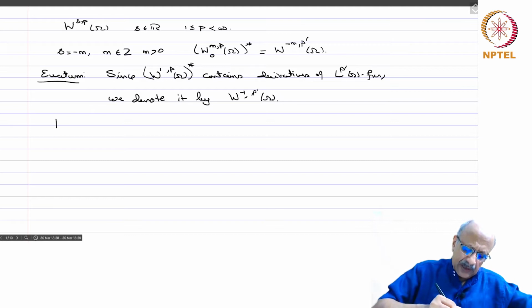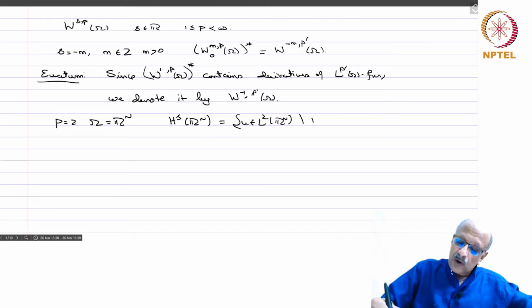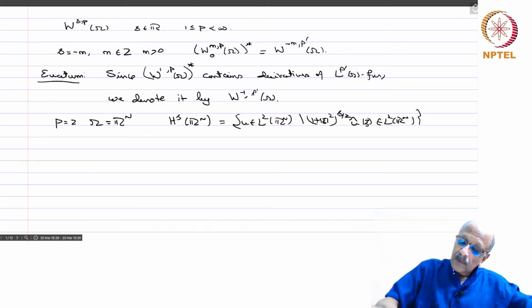Then in case of p = 2 and Ω = R^n, we define H^s(R^n) as the set of all u in L2(R^n) such that (1+|ξ|²)^{s/2} û(ξ) belongs to L2(R^n), when s is positive.